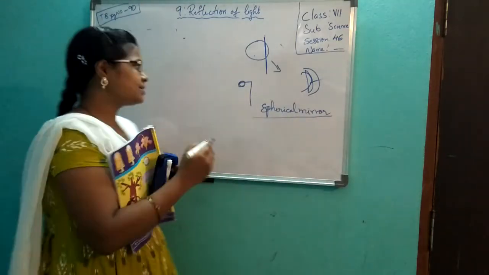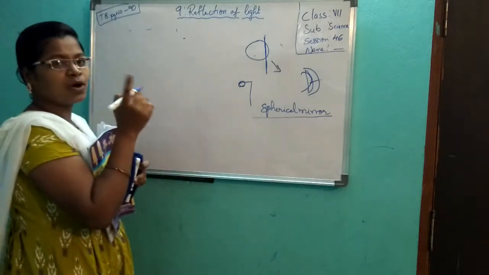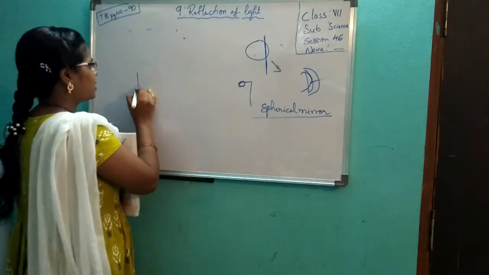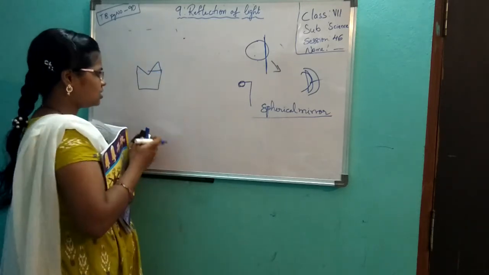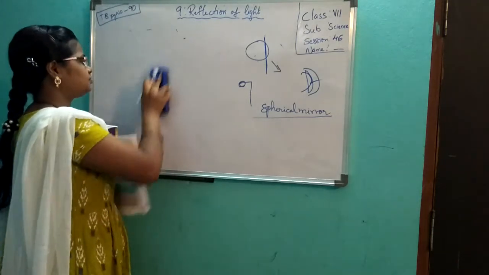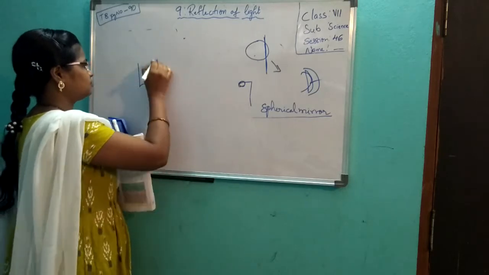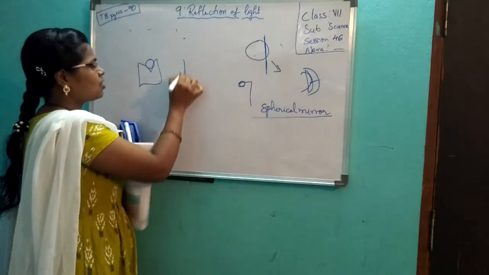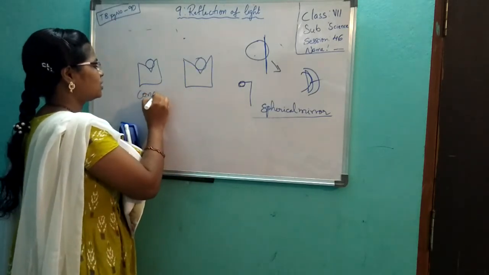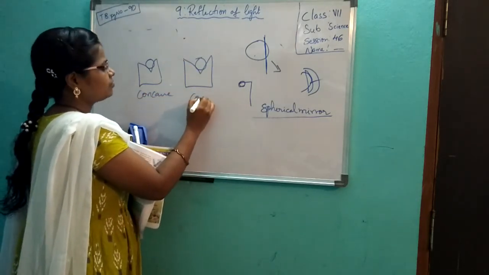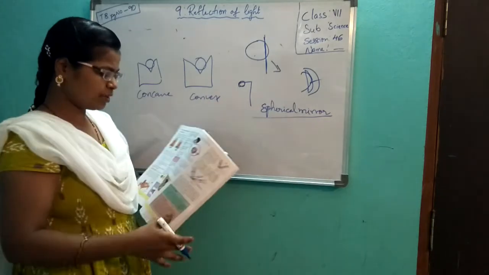Now, take a stand. You have read about concave and convex. Now, take a stand. In this stand, you place concave and convex. This is concave, convex. Two mirrors you place.